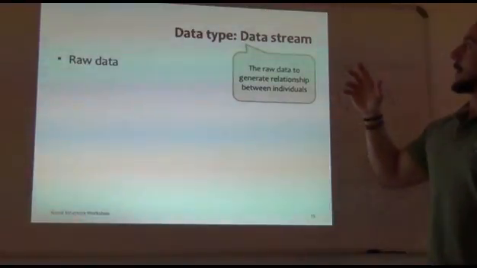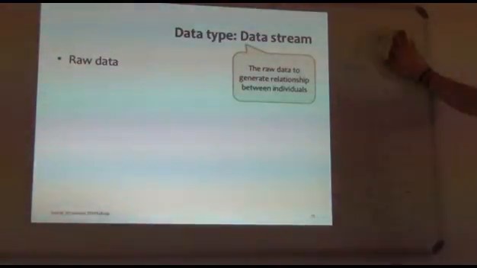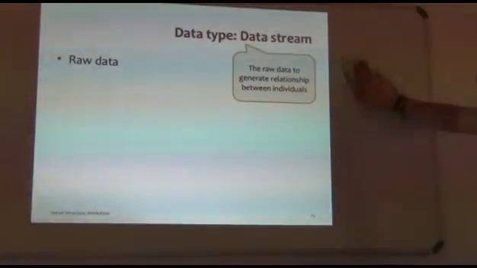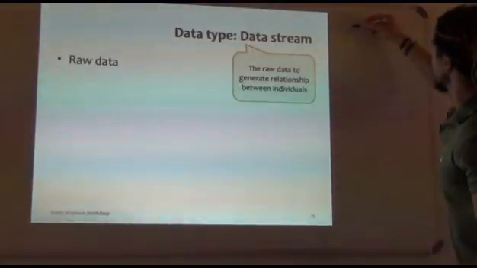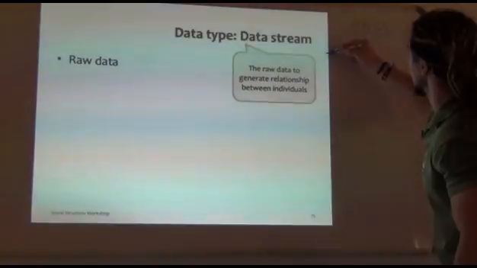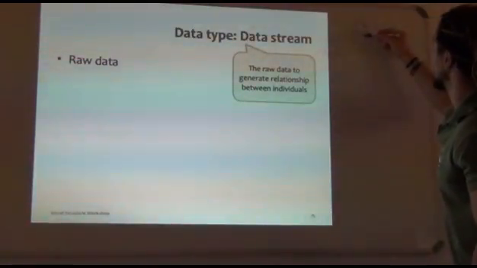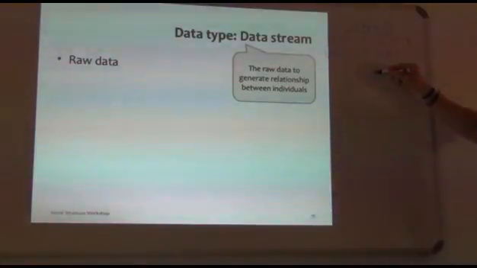First, what we call data stream is just the raw data that will generate the relationships between individuals. And as you know by now, that is the famous binary matrix with individuals A, B, C, D, and groups 1, 2, and so on. That would be that binary matrix.